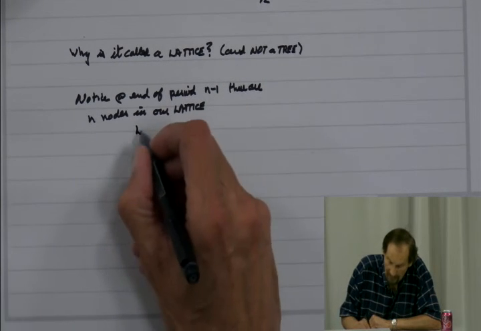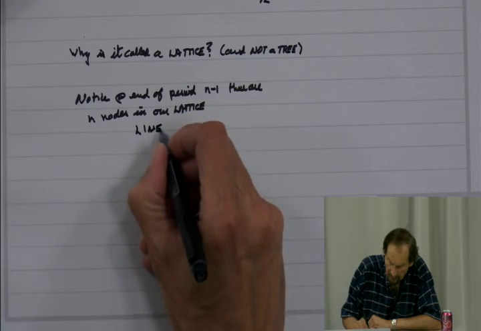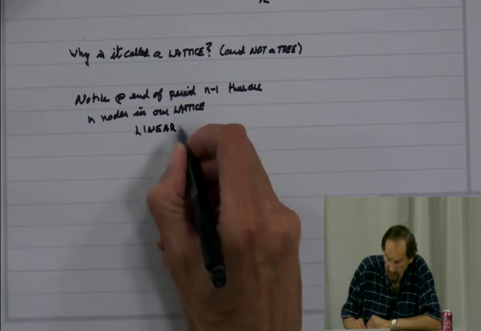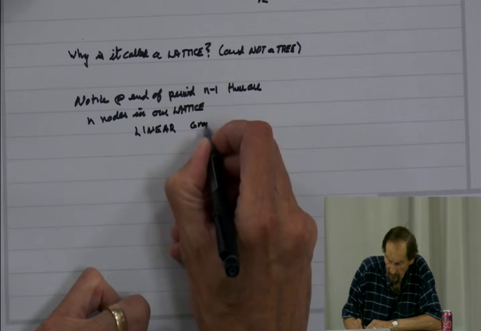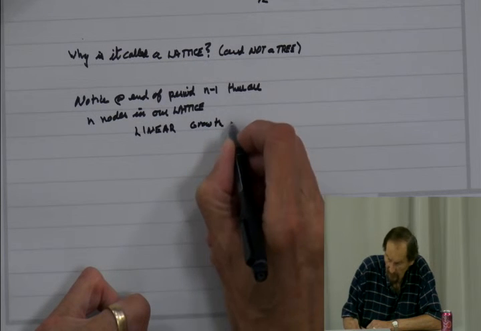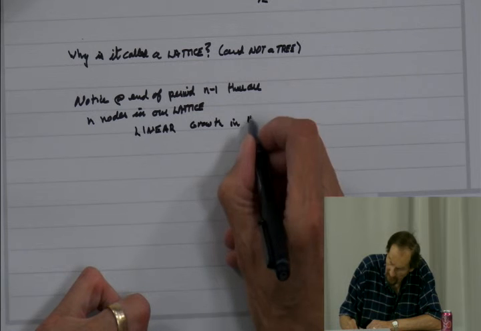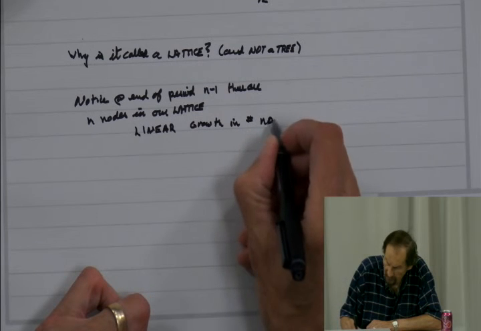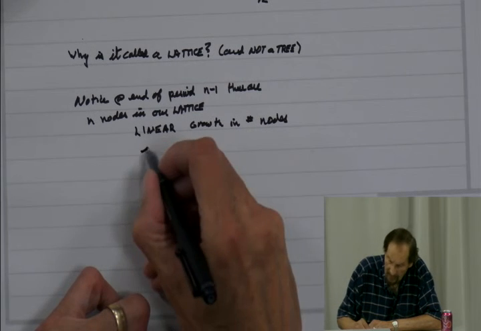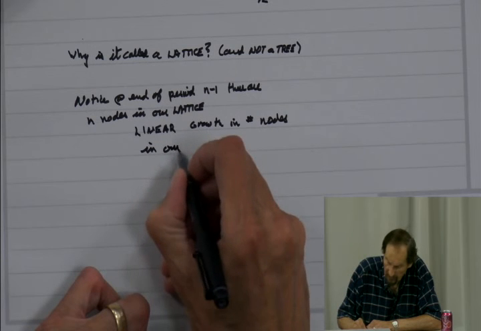So what we have is a linear growth in the number of nodes in our lattice.